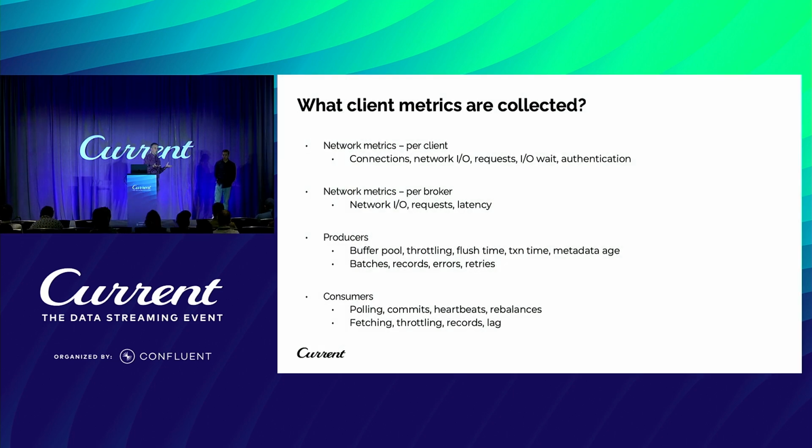I'll give you an idea of the difference between the client and the broker metrics, and you'll see why it's important to have the two sides of the coin. Clients record a lot of metrics, more than 100 metrics in a client.